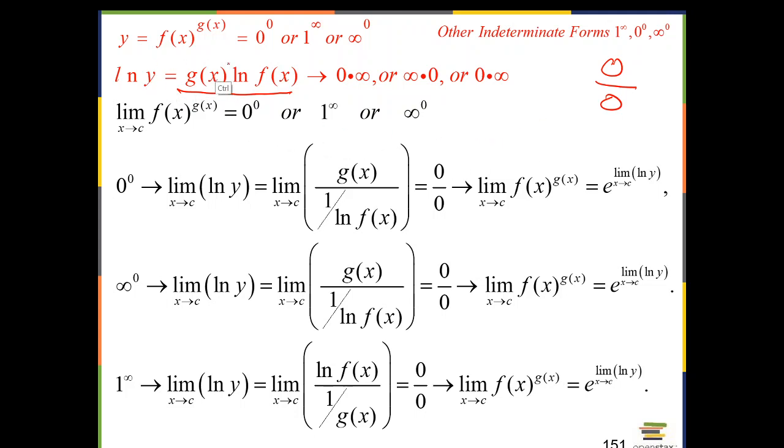Now, what happens if you do this? Well, if you take the limit of g of x times ln f of x, if we have this case, that means f is 0 and g is 0. So what we get is 0, and then ln 0 is infinity, so we get 0 times infinity, right? Which is right there. Now, if we have the second type, that means f is 1, right?